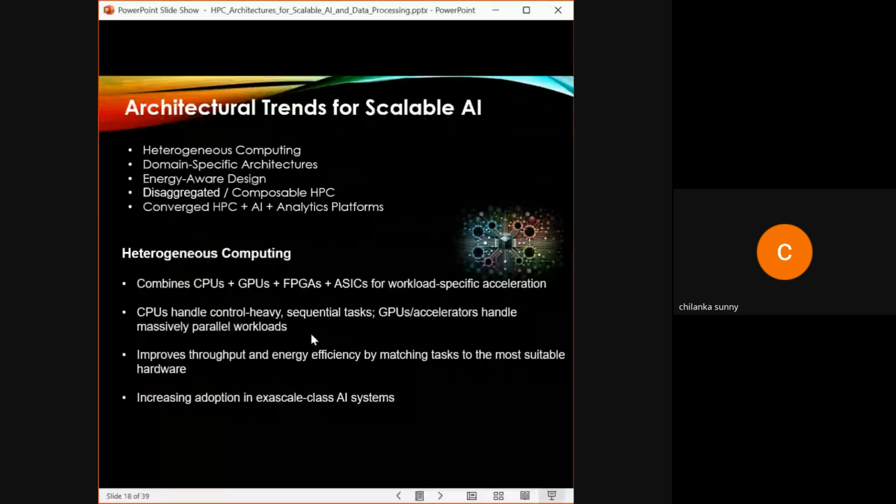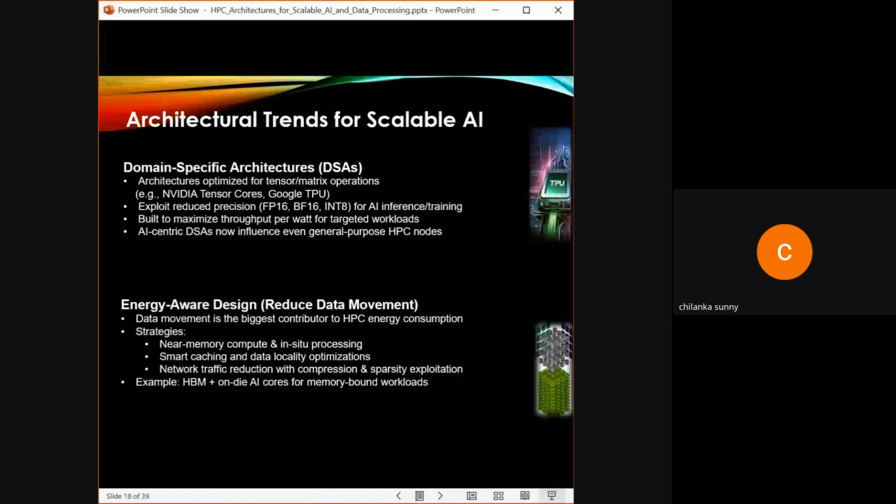Because heterogeneous stacks rely on specialized engines, that leads naturally to the rise of domain-specific architectures like NVIDIA Tensor Cores and Google TPUs. We don't go deeper here since we have already discussed their concepts and applications.